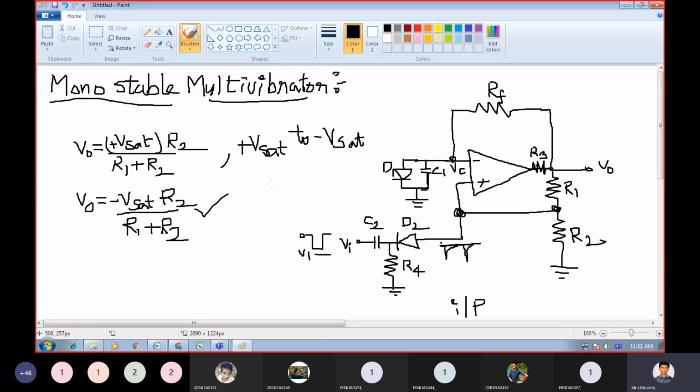So this is the basic operation of the monostable multivibrator.